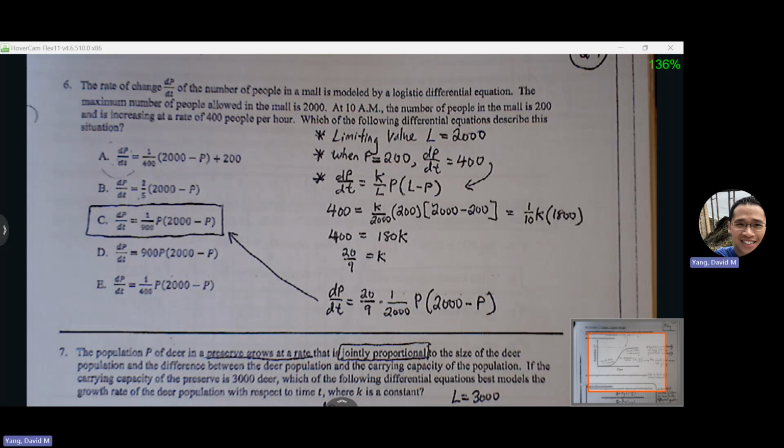I'm just plugging in and solving for K. 400 in for dP/dt. L gets replaced with 2,000. Just cleaning up, K equals 20/9. And if I update my dP/dt with my K value, that's going to match answer choice C.